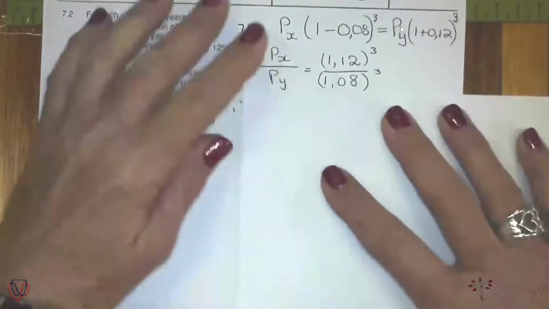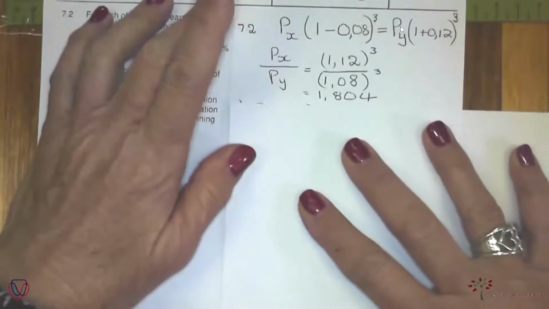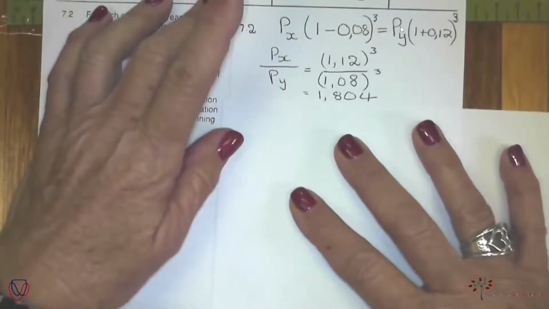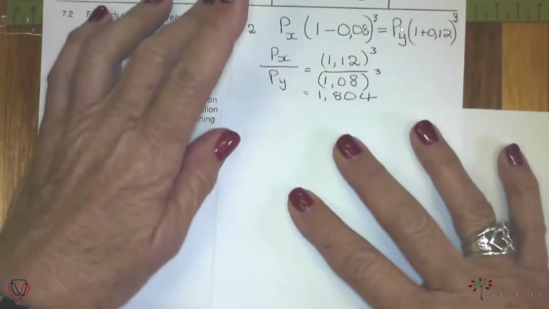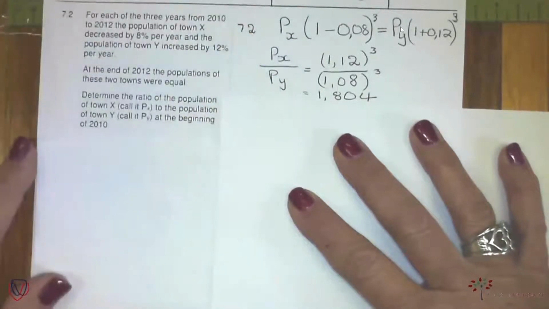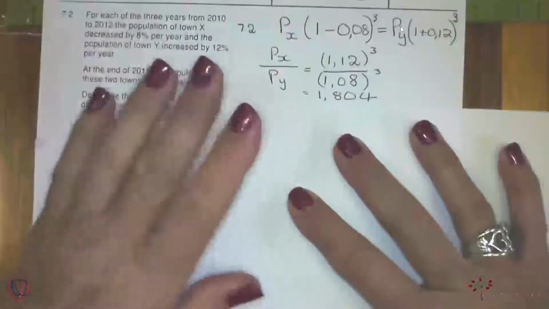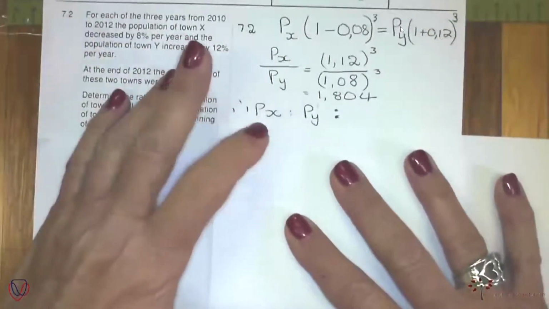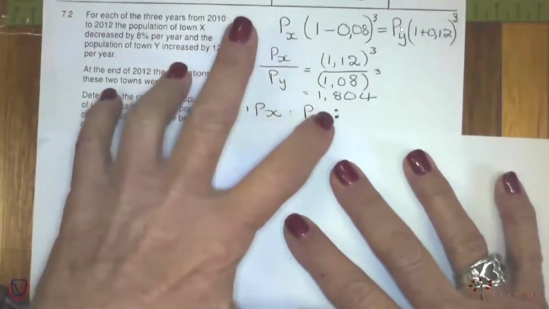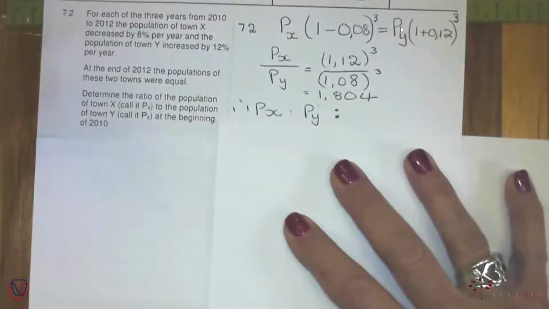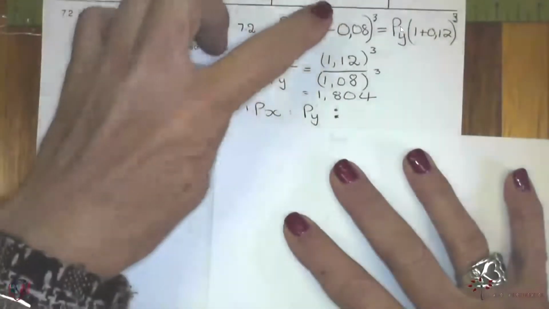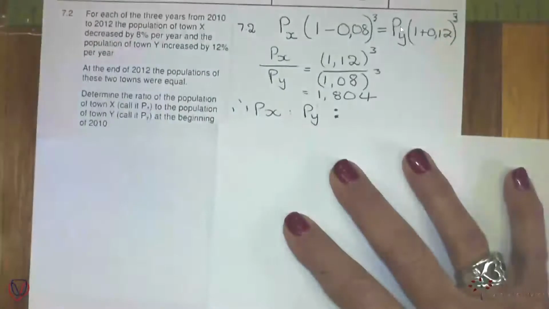You've got it. Then we take our calculators and we work that out. It's 1.804. And that is going to give us the ratio. You don't even need the P's there, people. The ratio is going to be PX to PY. Which one is the smaller one? PX. Which one is the bigger one?